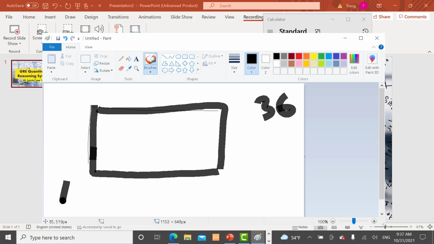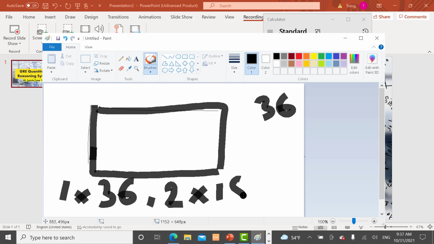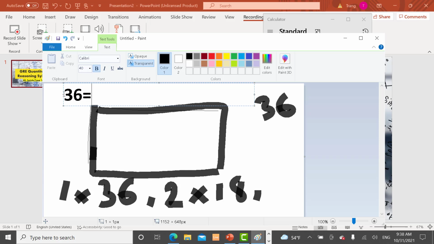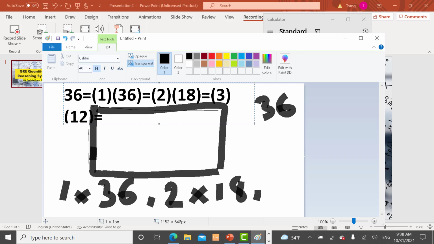And 36 here can be either 1 times 36, or 2 times 18, or 3 times 12, or 4 times 9, or 6 times 6.